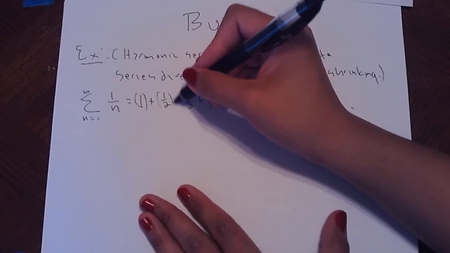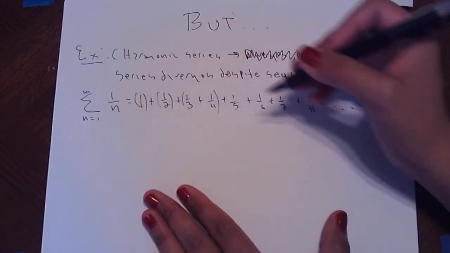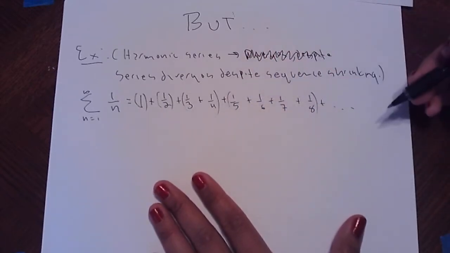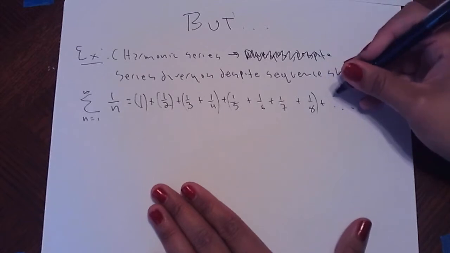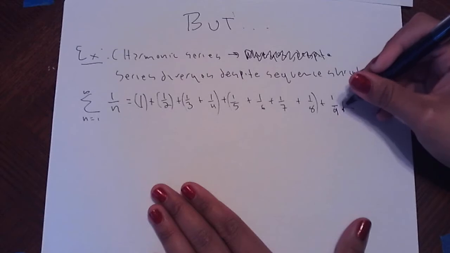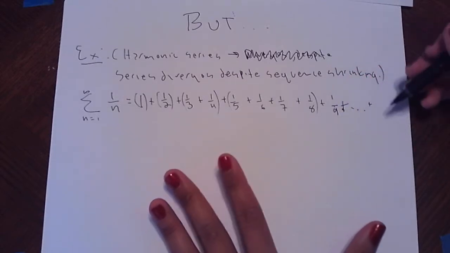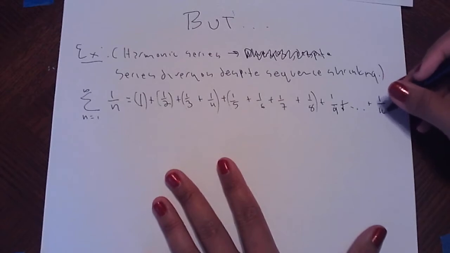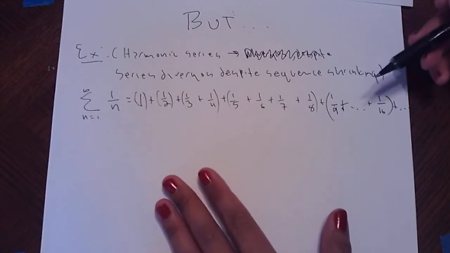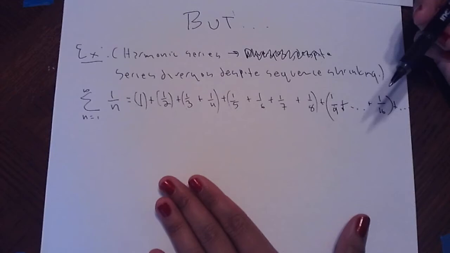My 1, my 1/2, I will take the next 2 terms, I will take the next 4 terms, and I will take the next 8 terms, and this is actually going to go all the way to 1/16. Right? So hopefully we see the pattern. We're ending on all these powers of 2 in my denominator.